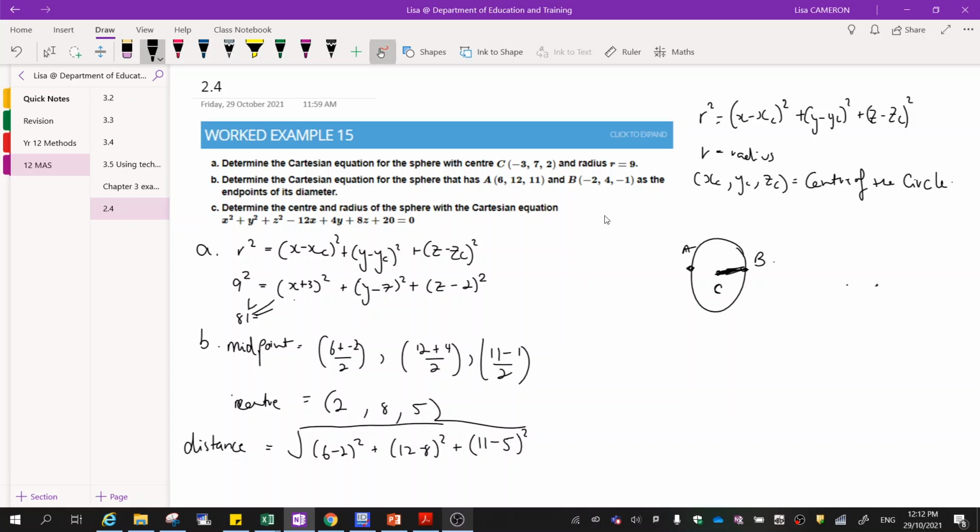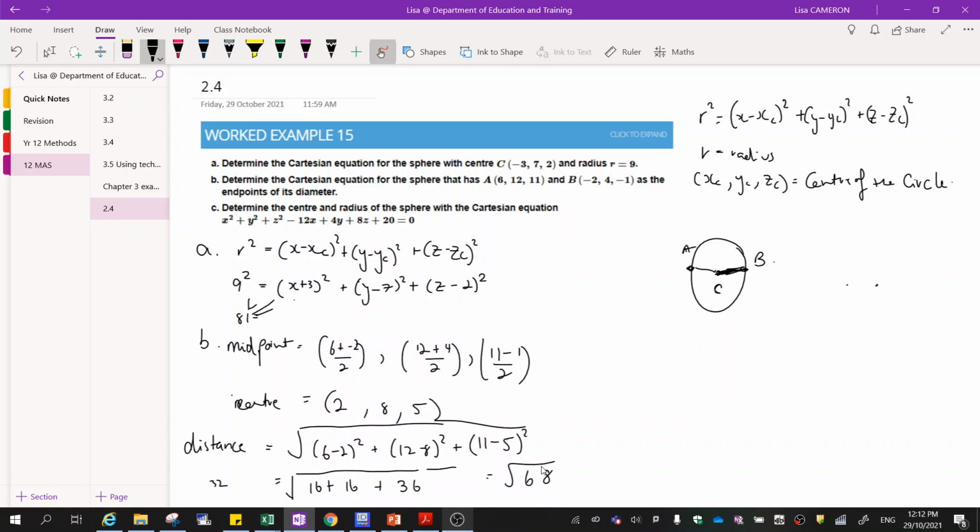Now, I could have used the other coordinate. It will give me exactly the same answer because the distance from C to B and from C to A is exactly the same. Okay, so 4 squared is 16, plus this one is also 4 squared, so plus 16, plus 6 squared is 36. Yep. All right, so then these two combined will make 32. 32 plus 36 will make 68.